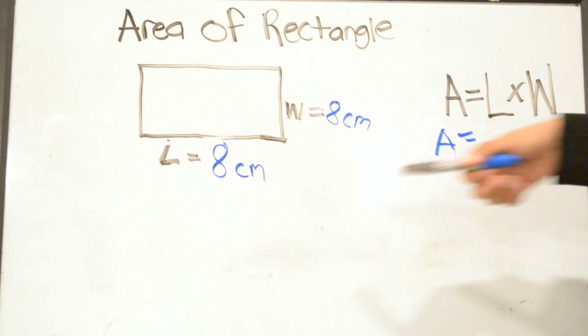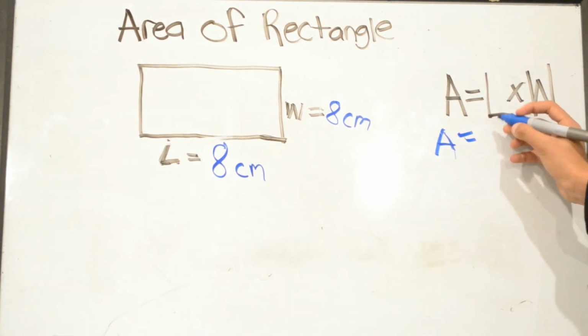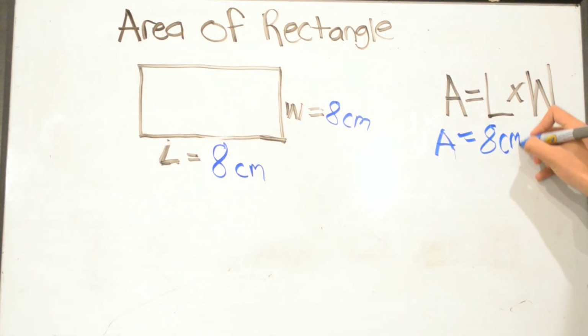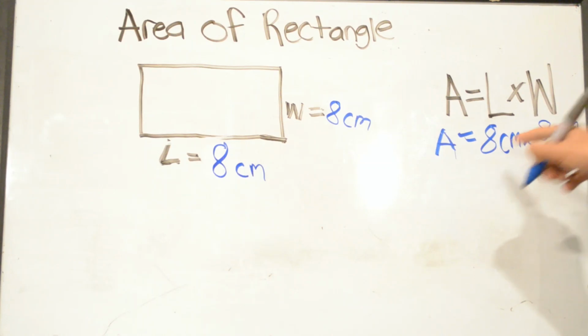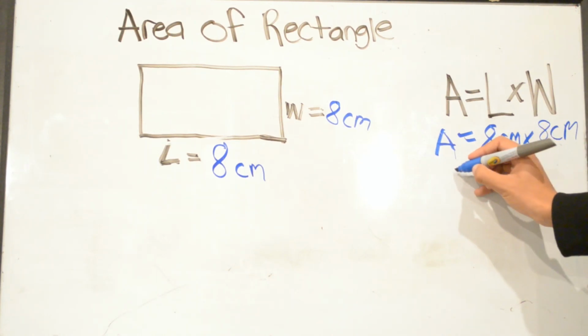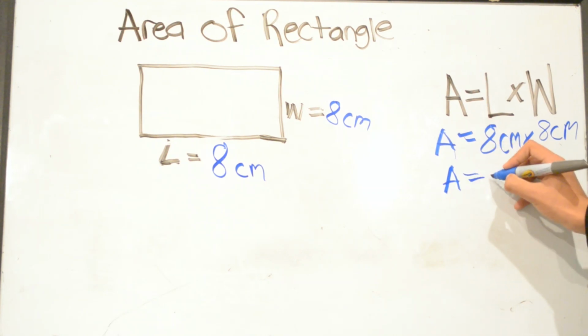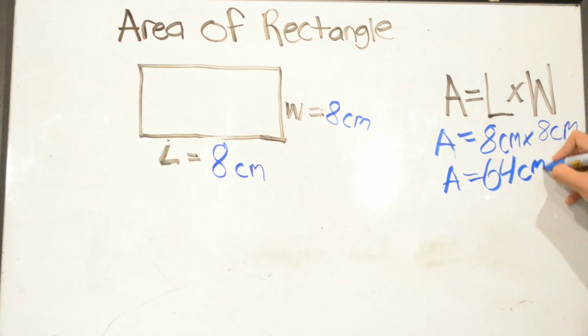Our length is going to be 8 centimeters, so we write down 8 centimeters. And our width is 8 centimeters. 8 times 8 is 64. So our final answer is going to be 64 centimeters squared.